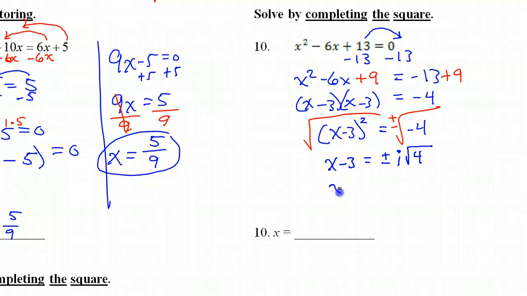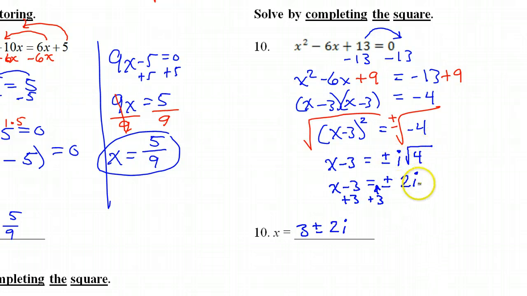But since it is a perfect square, then the square root of 4 is 2. So we go ahead and put 2i. Alright, one more step. We add this 3 to both sides and put it in the front. So that is going to give me x equals 3, it's this 3, plus or minus 2i.